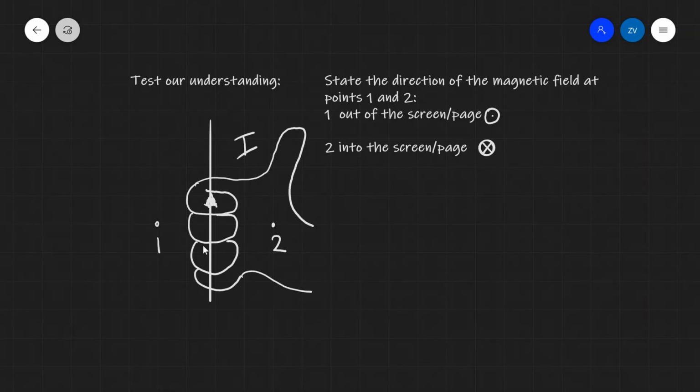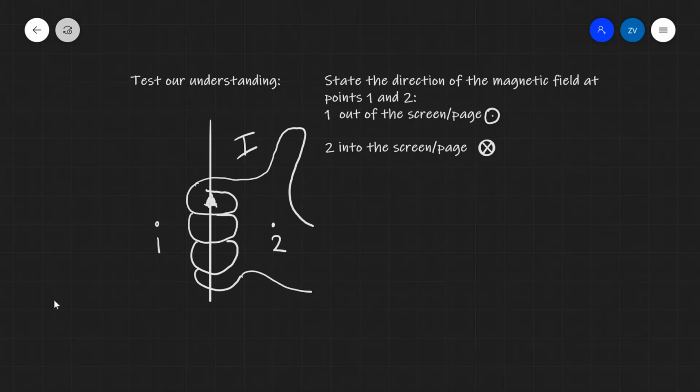Imagine that you grip this wire and you align the thumb with the direction of the current, which in this case is upwards. We can clearly see that the circular pattern around the wire will be pointing in the direction of the curve of the fingers.